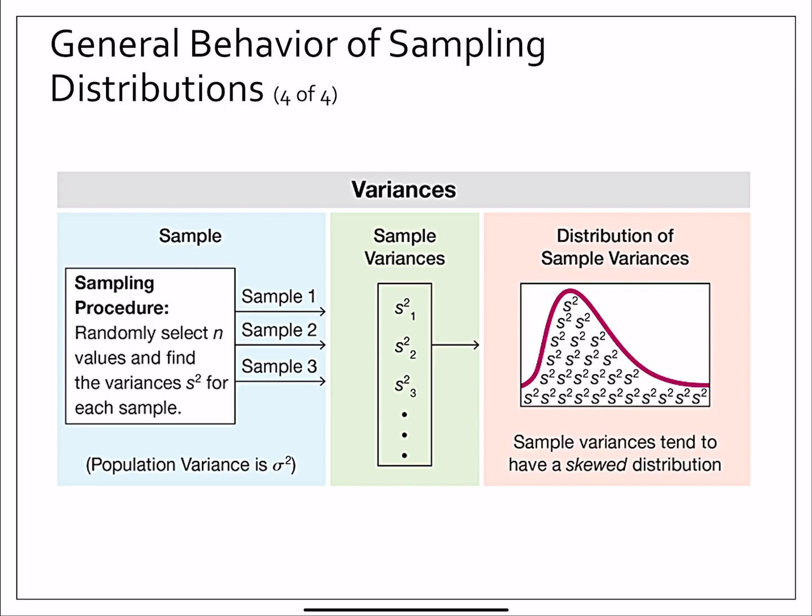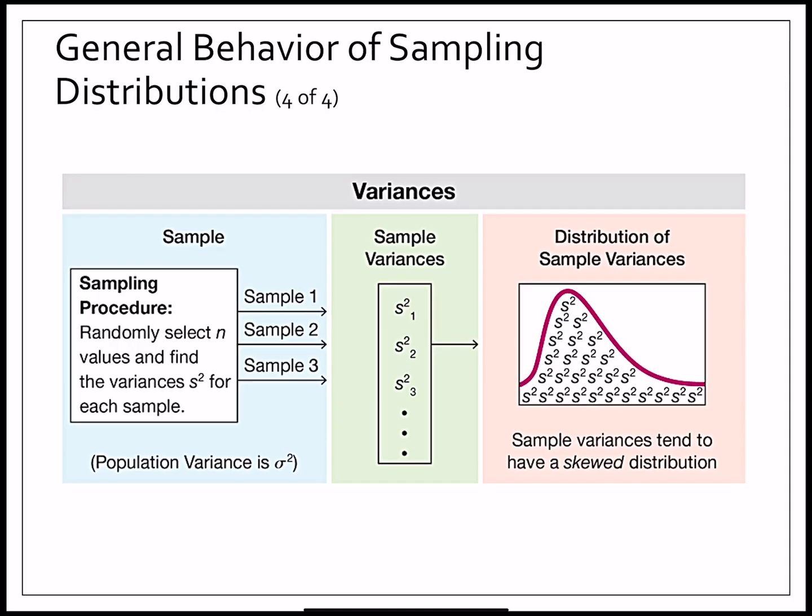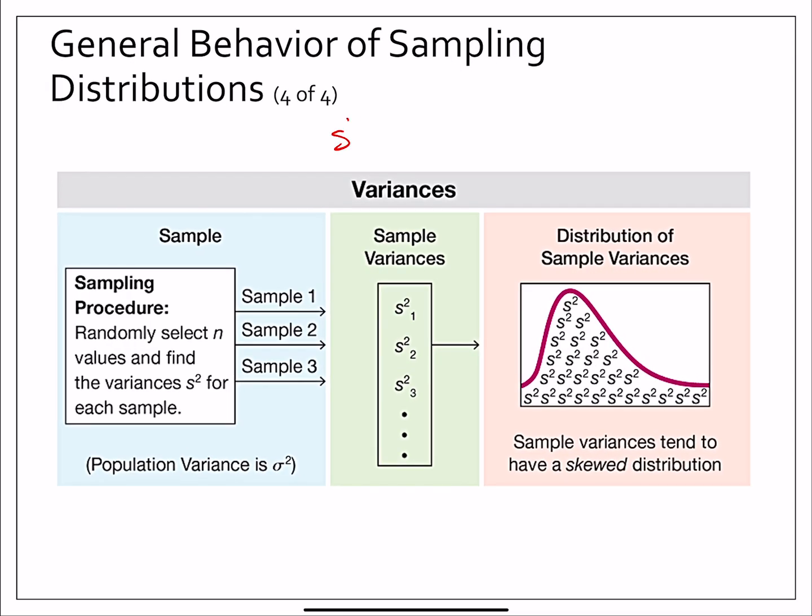Now, when we look at the variances, again, the variance is what? The variance is the standard deviation squared. That's why it's just S squared, our standard deviation squared.